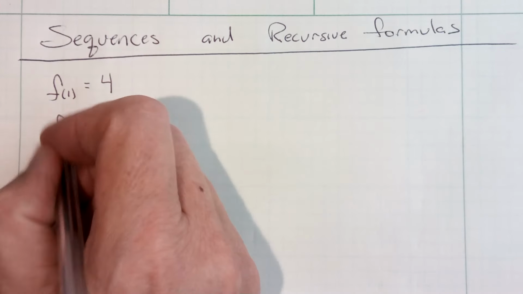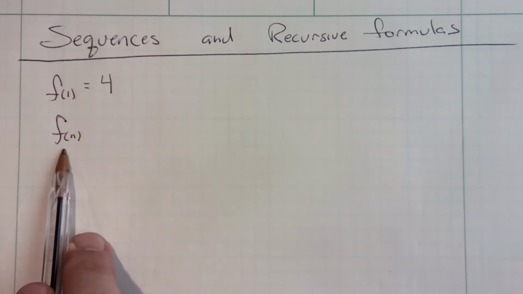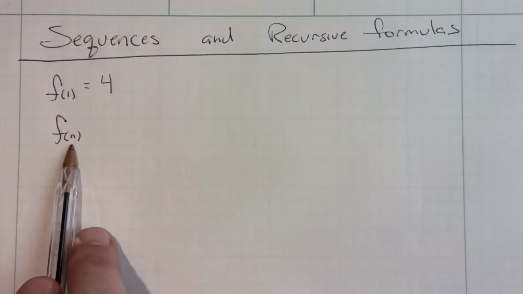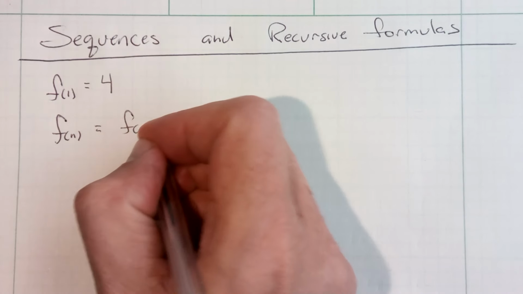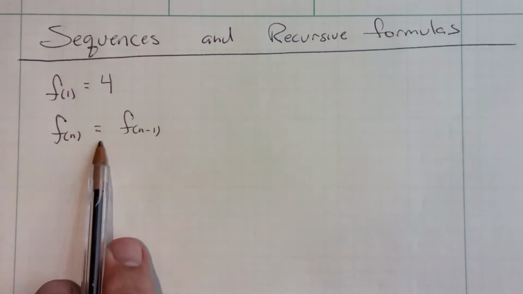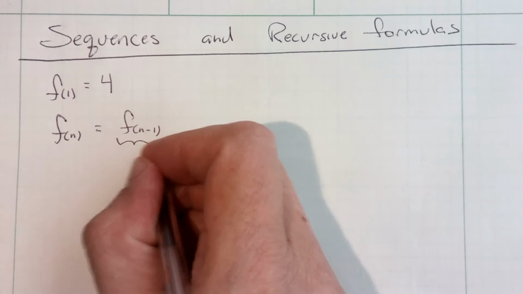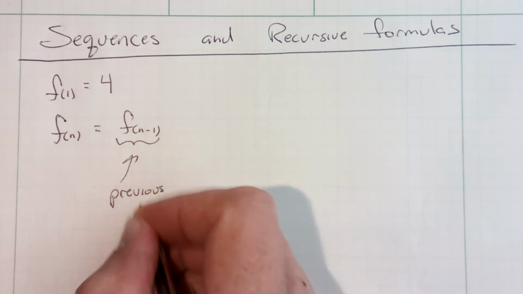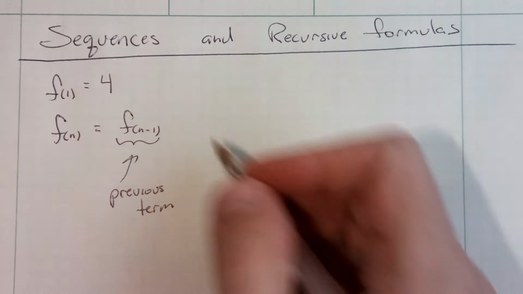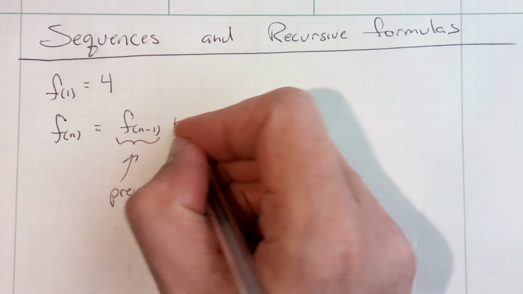And then they tell you how to get to some random term n, the nth term, by doing something, usually to the previous term, which is this f of n minus 1. And I want you to realize that this symbol here means the previous term, right? It's not f times n minus 1. And then we do something to that term, like maybe add 4.